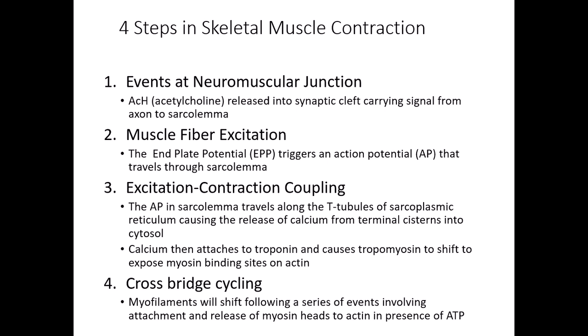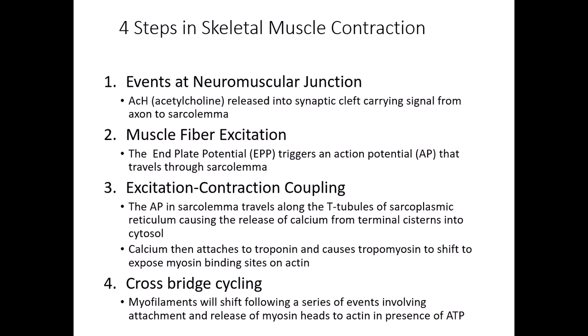And then the last step is called cross-bridge cycling. So the myofilaments, the thick and thin, will shift following a series of events that occur after the actin and myosin connect to each other. And then at the end of that movement, the myosin heads have to detach from the actin.